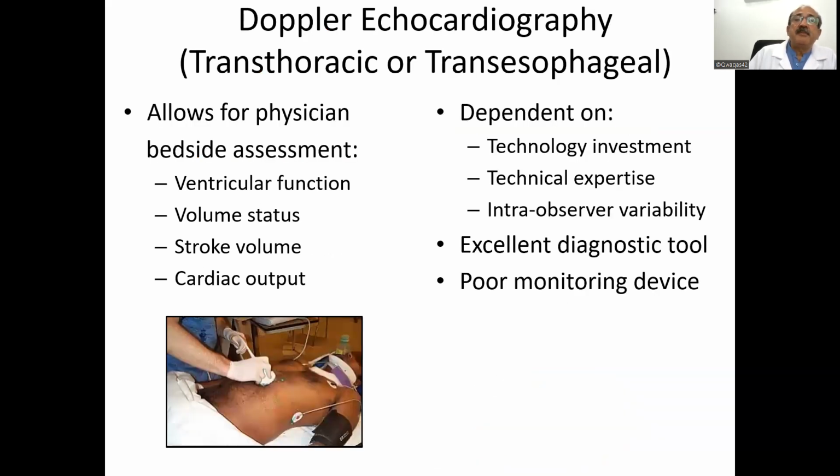But Doppler echocardiography is more important, not as a monitoring device but as a diagnostic tool, because we can estimate the ventricular function, volume status, stroke volume, and the cardiac output. But again, it is dependent on technology investment. Definitely, it is an expensive thing, and technical expertise is required.